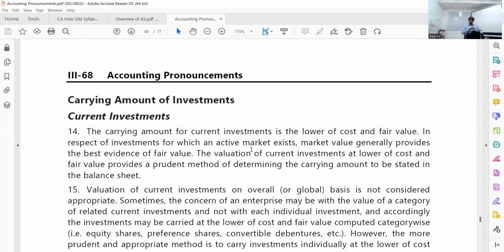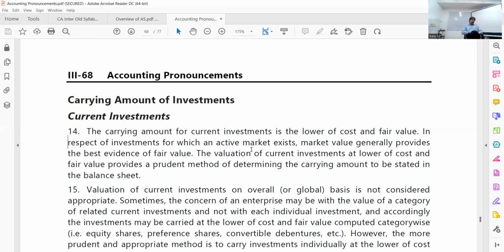Para 14: the carrying amount for current investments is the lower of cost and fair value. So at the end of each year, you should record investment in your balance sheet at either cost or, like inventory, where we say cost or NRV, whichever is lower. Like that here, cost or fair value.